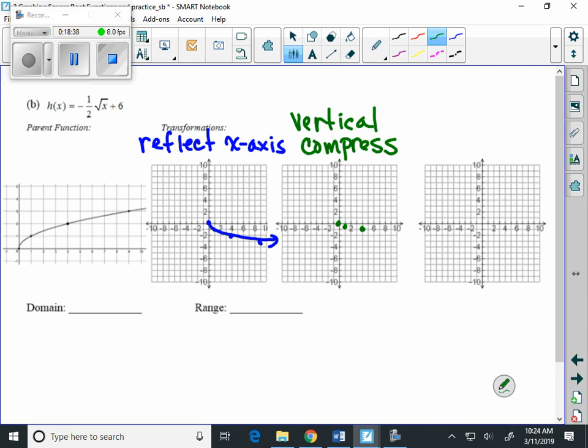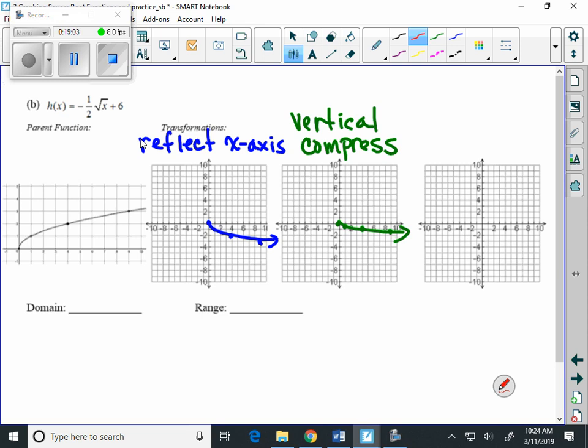We're still going to go right 9 spaces, but instead of going down 3, we're going to go 1/2 times 3, which is 1.5. Again, very hard to see those points on my graph. They show up a little bit better on your paper. The negative does something, the 1/2 does something.